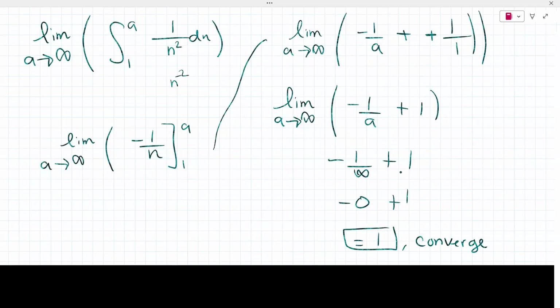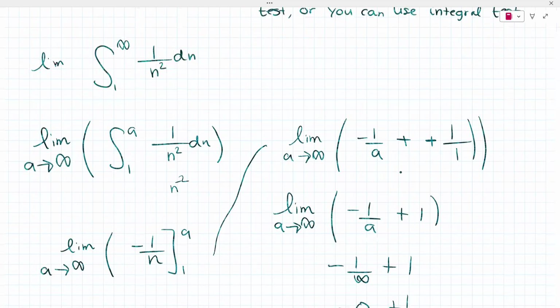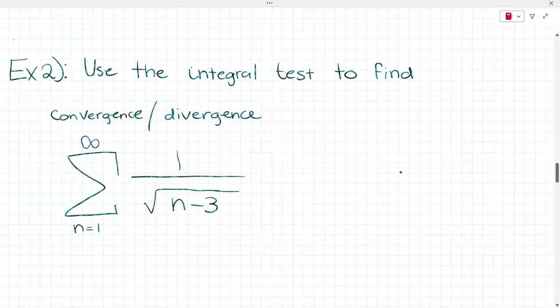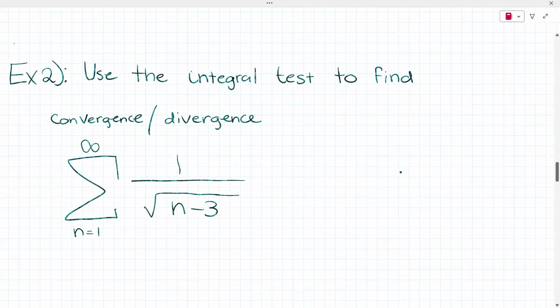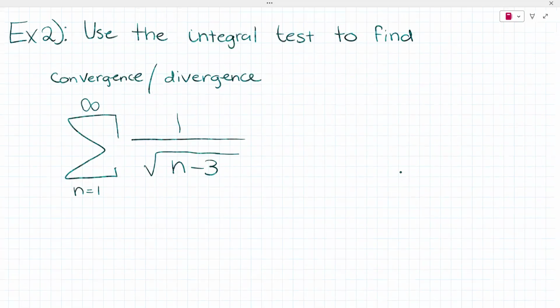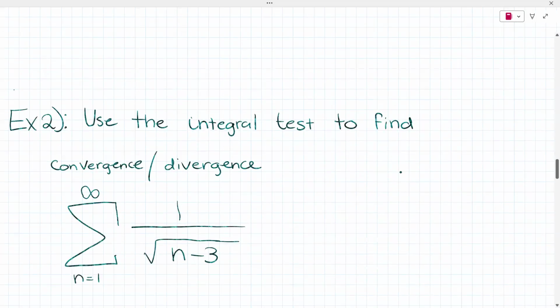Okay, so I did that using the integral test. You could have also used the p-series test. Let's move on to example 2. Use the integral test to find the convergence or divergence. So first we have to check, can we use the integral test?